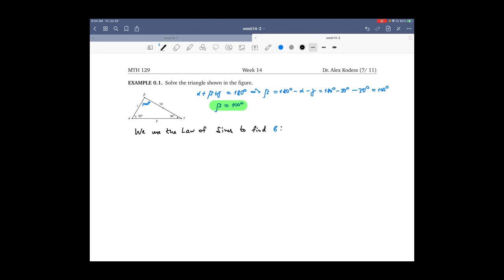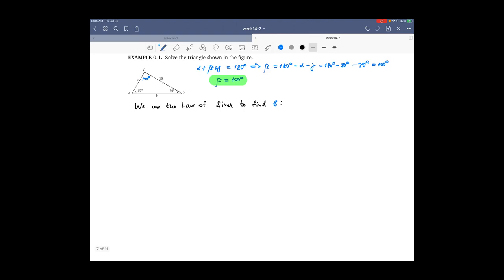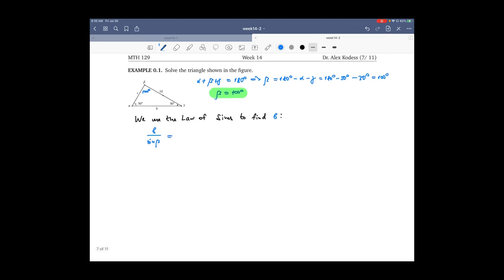So using the law of sines, we have b over sine beta equals c over sine 30 degrees equals a, which is 10, over sine 50 degrees.